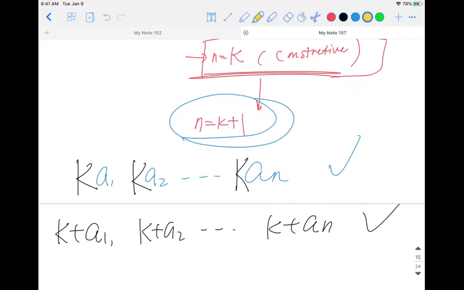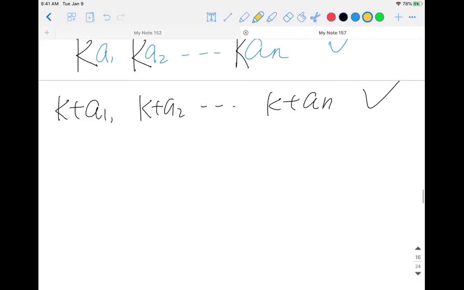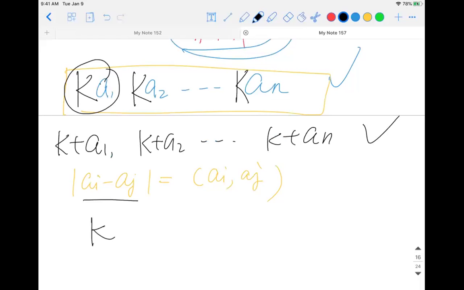Okay, if that's the case, let's have a quick look. Let's get started with multiplying by k. The absolute value of ai minus aj equals the greatest common divisor of ai and aj. If I multiply by k, it is okay: the difference becomes k times as large, and the greatest common divisor also increases by a factor of k.